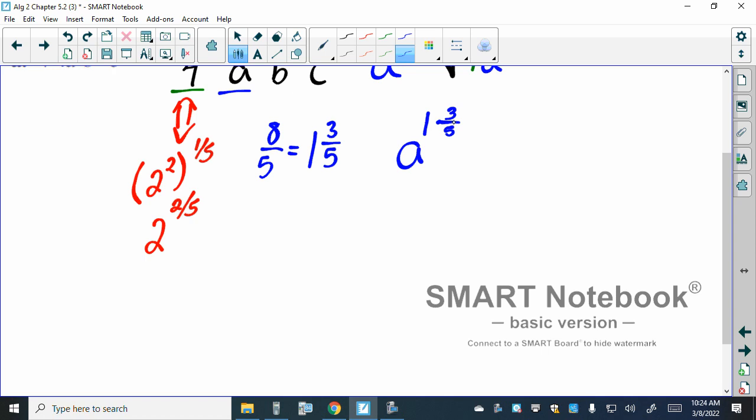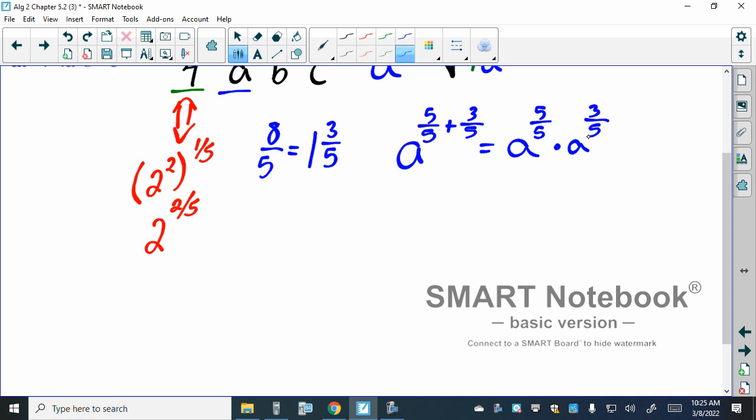Or, I think a better way to say this is that 1 would be our 5/5 plus 3/5. That's the same as 8/5, yes? According to our properties with exponents, if we're adding 2 exponents, we're really just multiplying the bases. We're just going backwards.